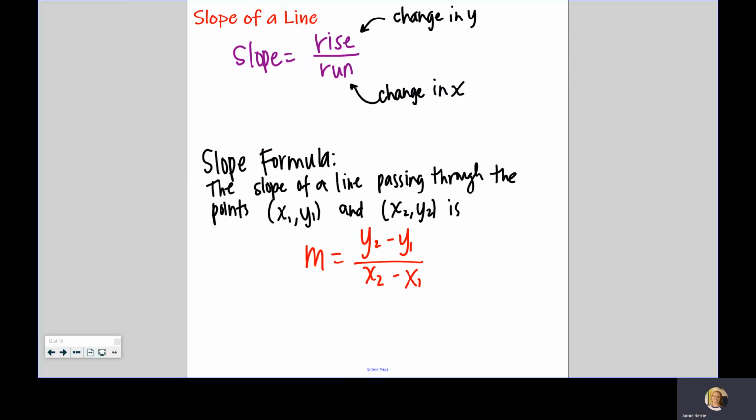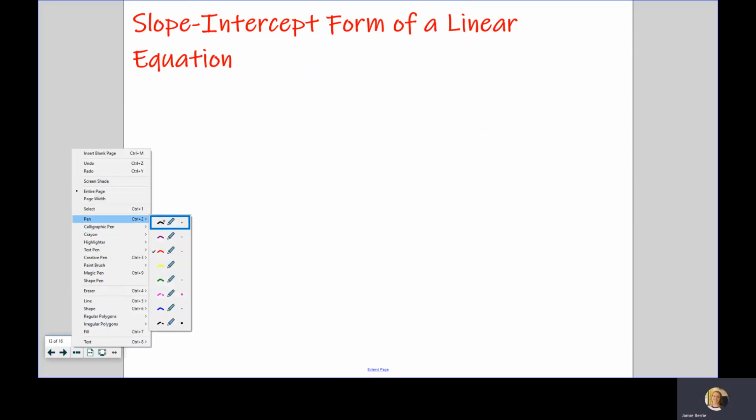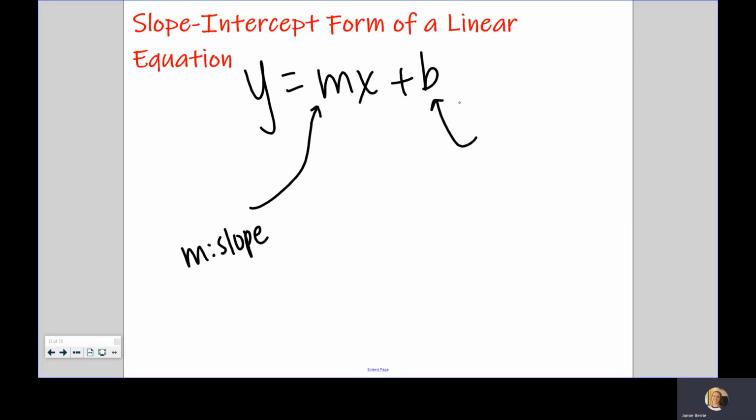All right, and the last thing I need to tell you before we move on and do an example is I need to give you a definition for slope-intercept form of a linear equation. So slope-intercept form looks like this. It's y equals mx plus b, where m represents the slope and b represents the y-intercept.